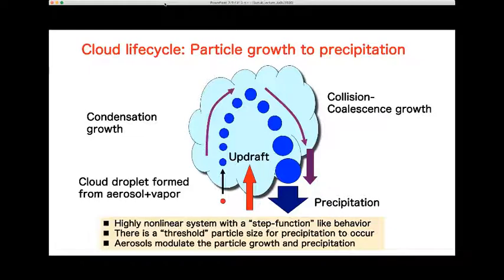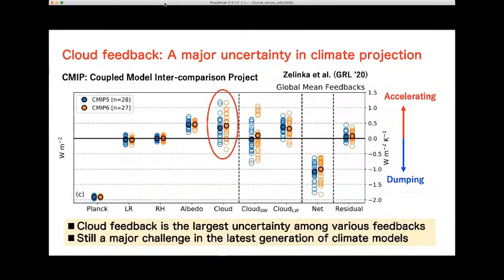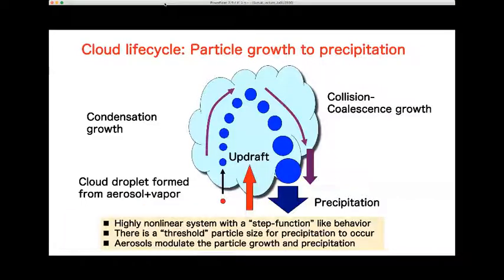And such a microscopic picture of the cloud has to be better understood to predict the macroscopic impact of clouds, like I showed in the previous slide. So that's a fundamental difficulty for cloud study in the climate, because we have to care about both microscopic and macroscopic aspects of the cloud.